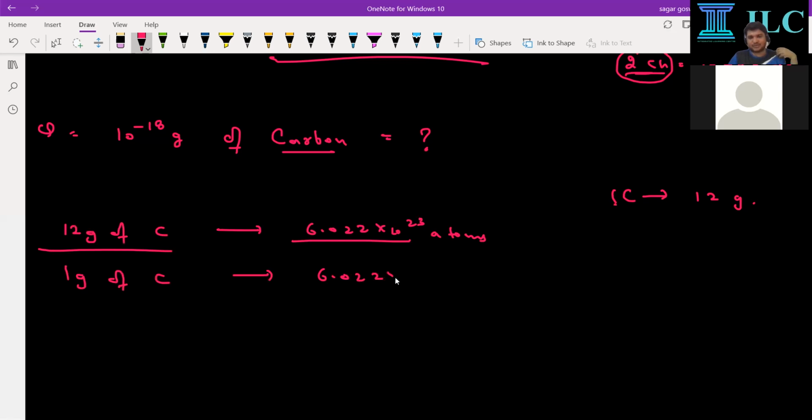Obviously, 6.022 into 10 to power 23 divided by 12. Firstly, we have to divide for finding out for 1 gram. Now, how much are they asking? For 10 raised to power minus 18 gram.